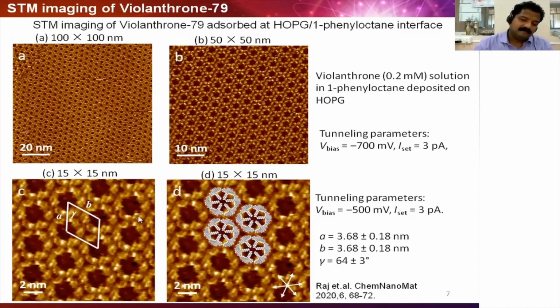So as you can see, the alkyl chains of violentron molecules in the nano ring are aligned to the epitaxially arranged carbon atoms in the HOPG in every direction. So in the case of the 2D arrangement of violentron on the surface, the epitaxial interaction of alkyl chains is playing a very important role in driving these molecules to form these supramolecular assemblies.